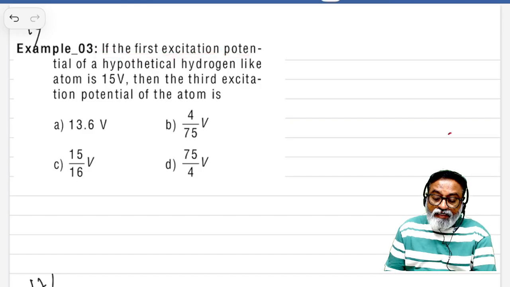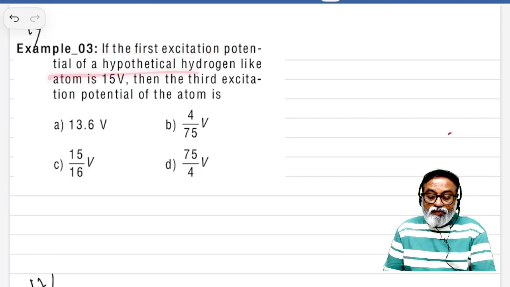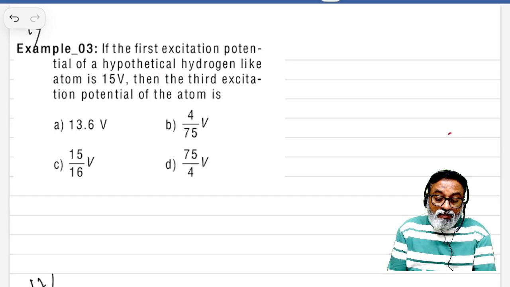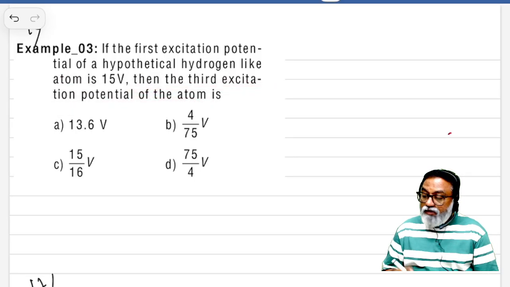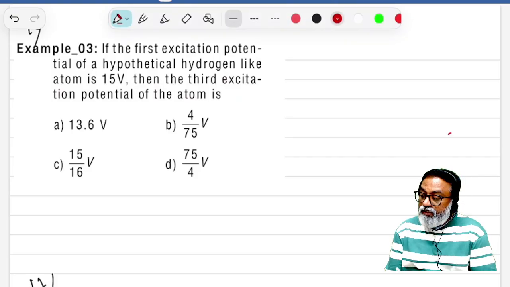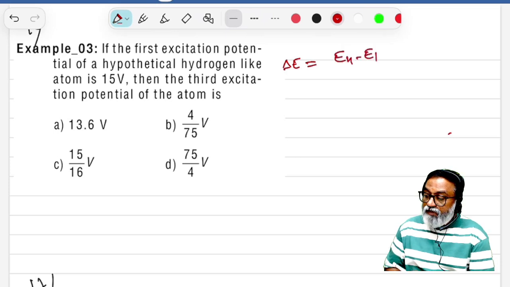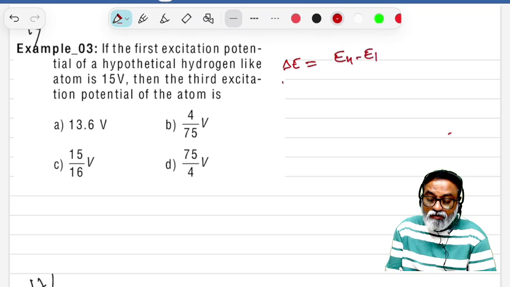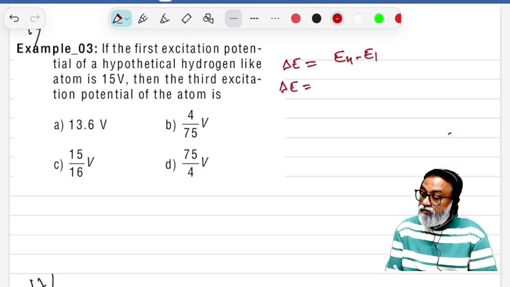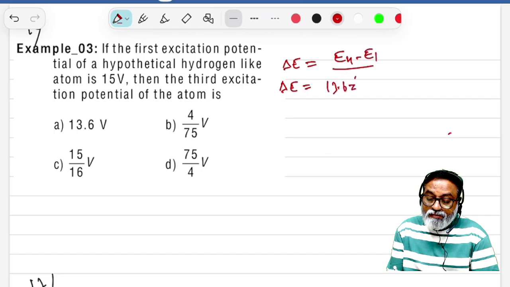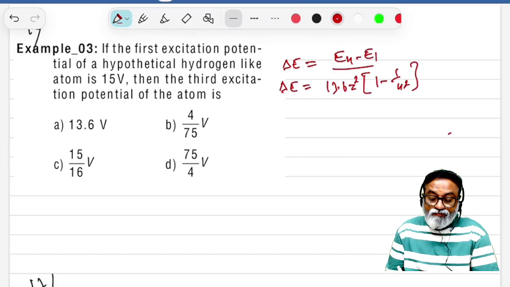If the first excitation potential of a hypothetical hydrogen-like atom is 15 volts, then the third excitation potential? See here, excitation energy delta E is nothing but En minus E1. Therefore, delta E is equal to En minus E1, which becomes 13.6 Z square into 1 minus 1 by N square.